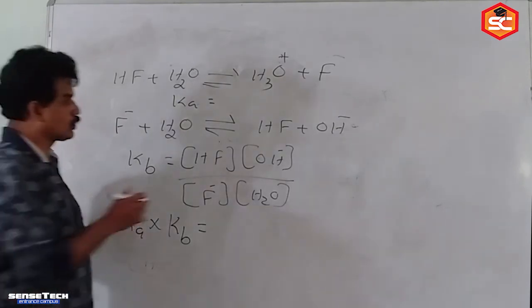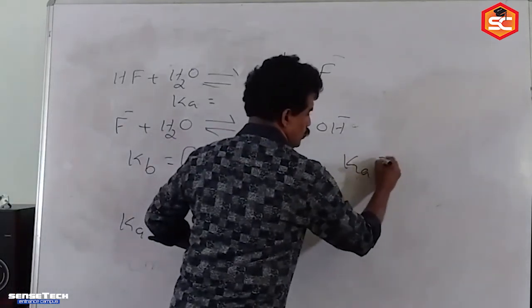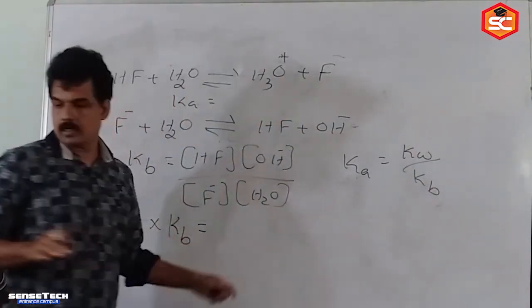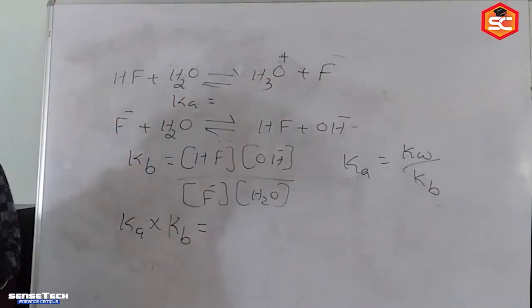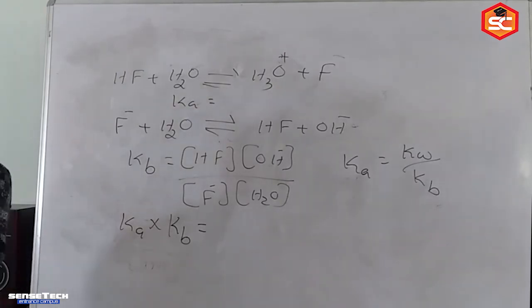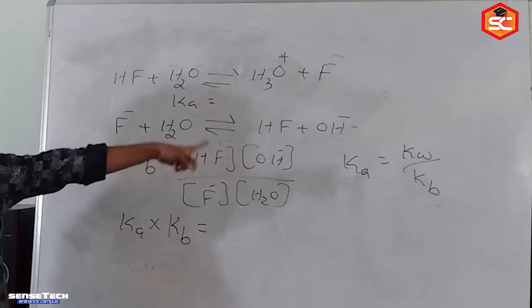So Ka is equal to Kw by Kb. From pKb you can find out Kb. The pKb value is given, so what is Kb? Negative log of Kb, so you have to find the antilog value also. Then only you will get the answer.